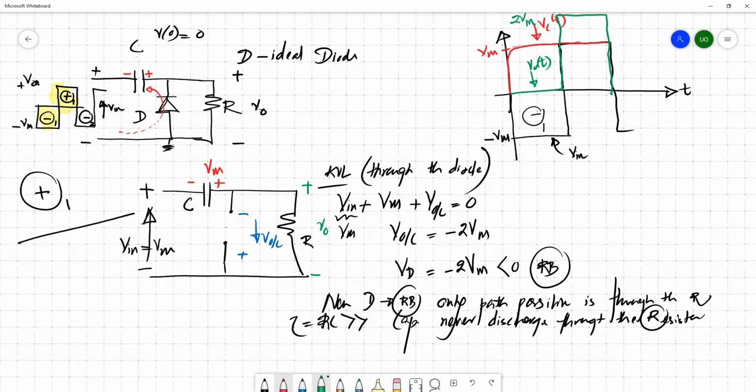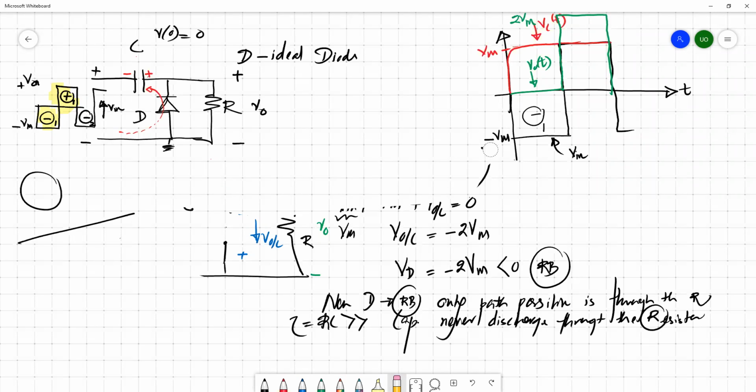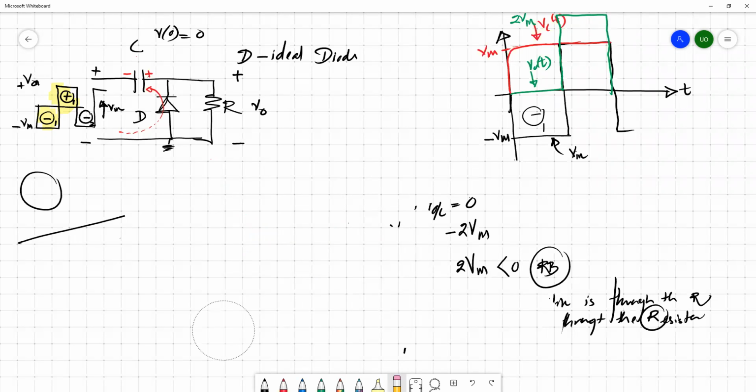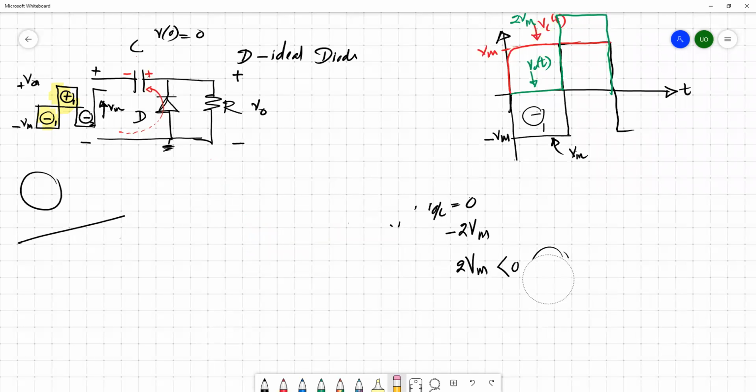So now we'll consider the second negative cycle as well, for clarity to see what happens to the circuit. Now I am referring to this.